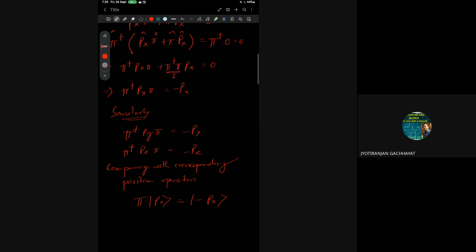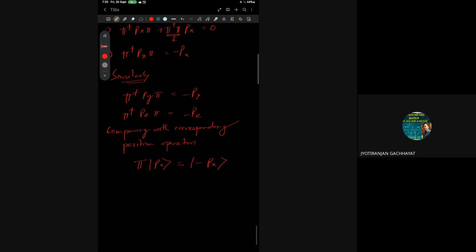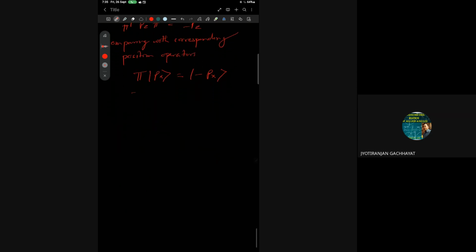Now, what will happen to the momentum operator in a parity operated eigenstate?